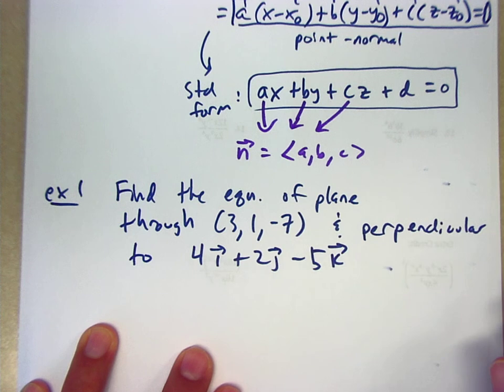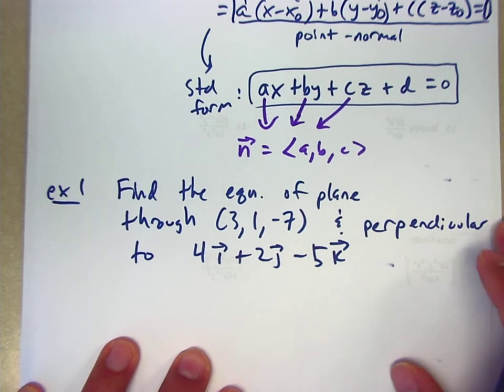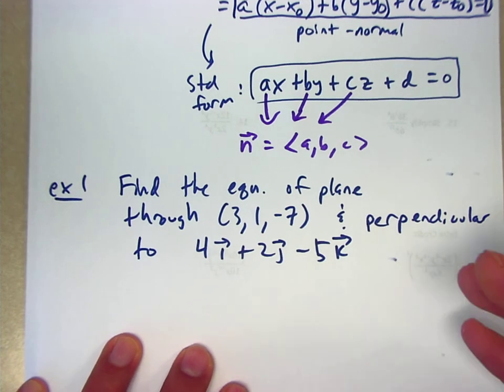So 4i plus 2j minus 5k and 3, 1, negative 7. If you know what you're doing, as usual, pause it, write the solution out, and then check.